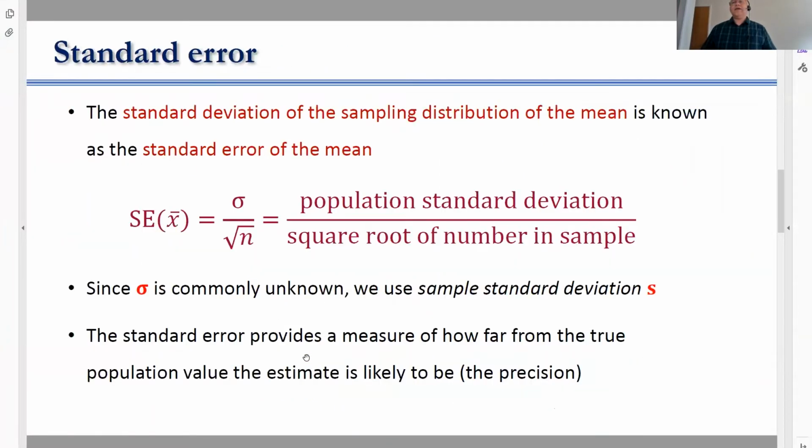So if I go back to the slides again, mathematically it is very easy to prove that the standard deviation of the sample mean can be represented by sigma by root n. That means you take the population standard deviation and divide by the square root of the number of individuals in your sample.